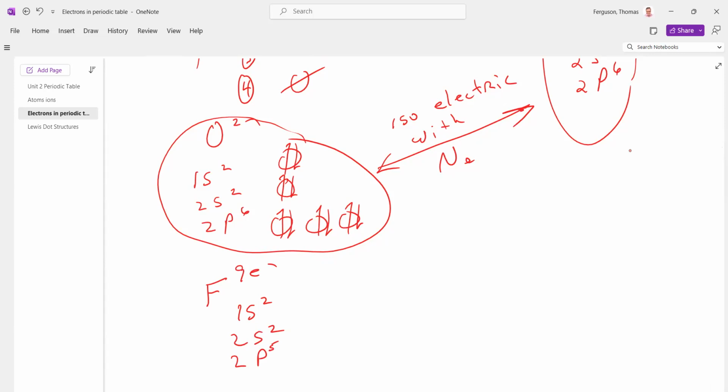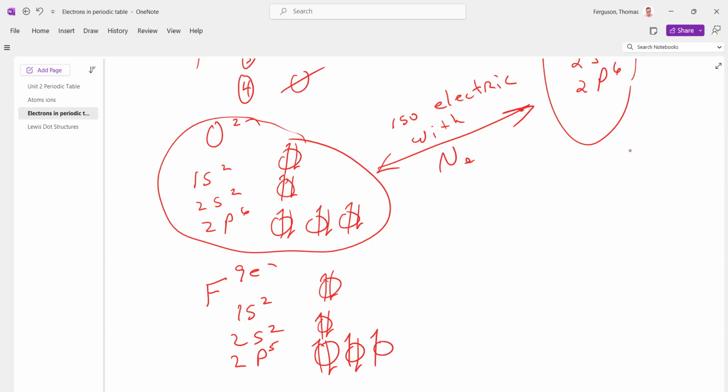Now let's draw the orbitals in. 2 electrons there, 2 electrons there, 5 electrons here. It's not a full shell because you're missing an electron here.